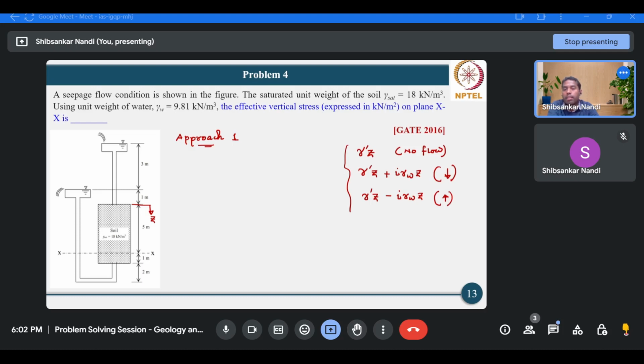As we can see, suppose we choose two points: this is point A and this is point B, that is, at the top and bottom of the soil sample.